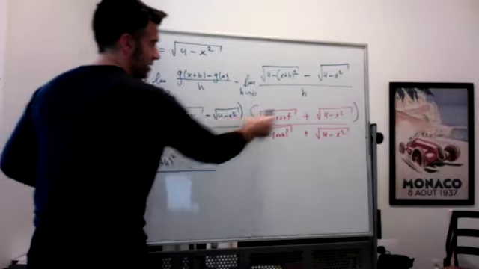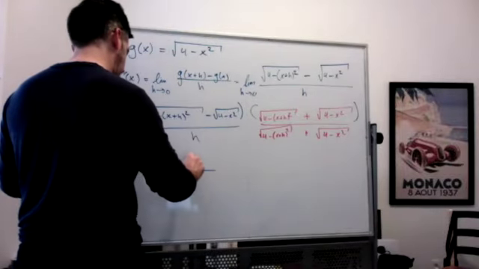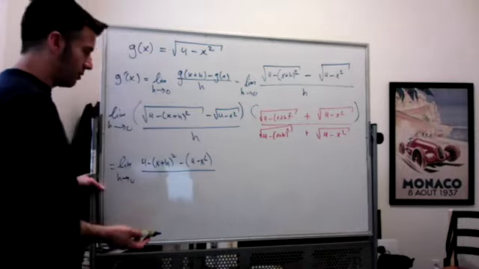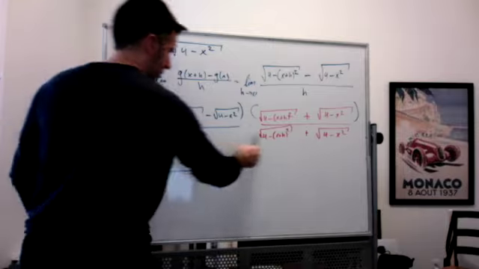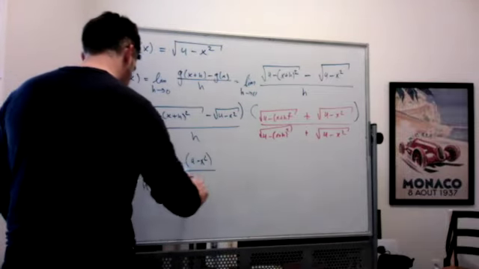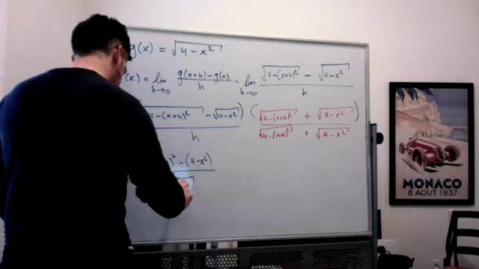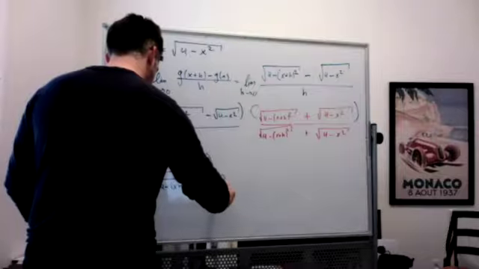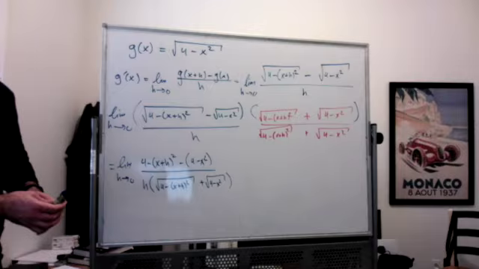And minus this thing squared is just 4 minus x squared. Over the denominator, which is going to be h times all of that. So h times the square root 4 minus x plus h squared plus the square root of 4 minus x squared.